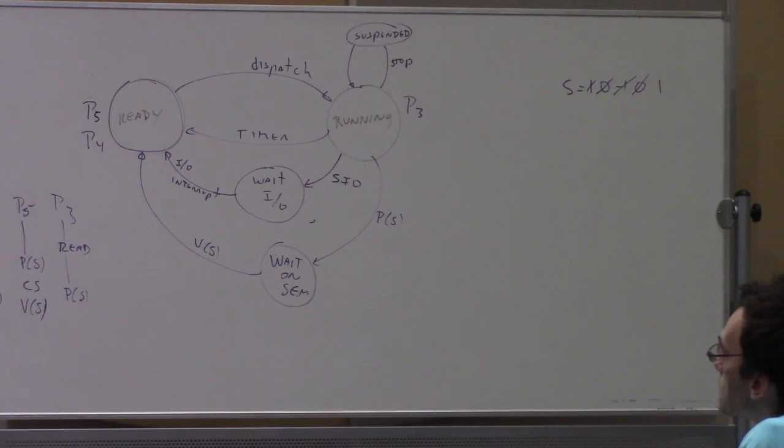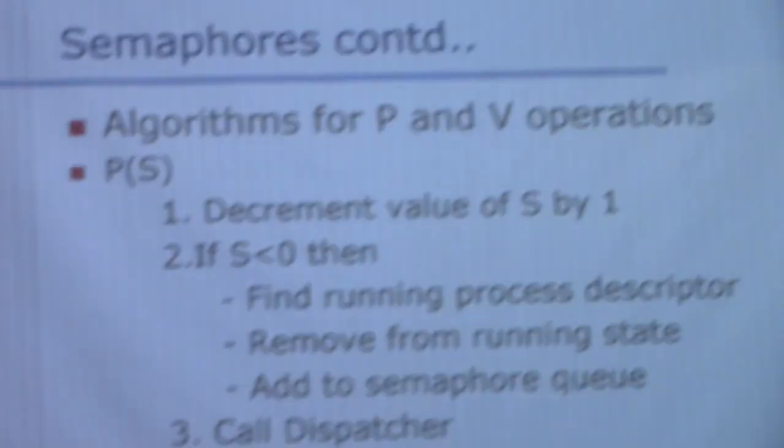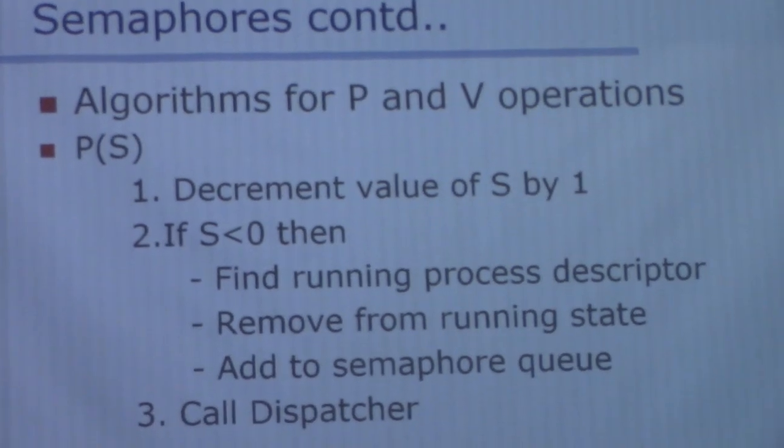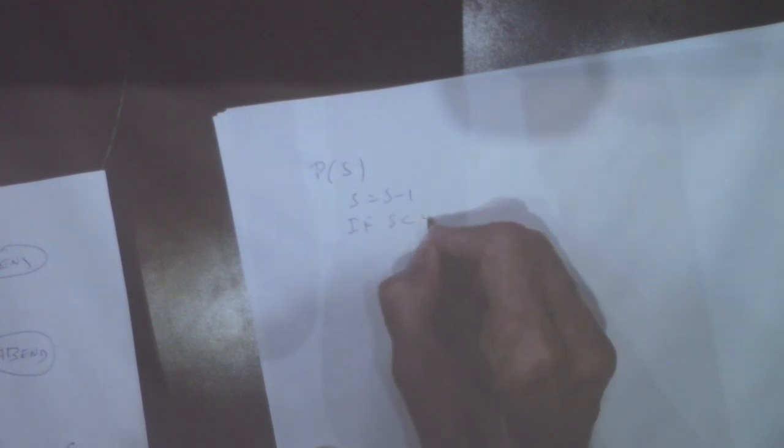So what we're saying here is about the mask. This is the P operation to describe what we do. But the way we have to write this algorithm is not explicitly with the data structure and so on. You say P on S is: S gets S minus 1; if S is less than 0, block. We know that it blocks in the same way.